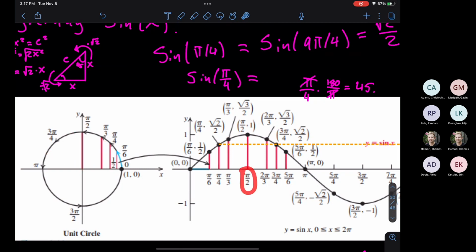Then the input pi over 2 would correspond to an angle like is shown, and then that angle would point at a point on the unit circle whose coordinates would be 0, 1. And since sine is giving us the y-coordinate, that y-coordinate is going to be the height of the function for that given input. Are there any questions on how we get the height of the sine function when we represent it like this?